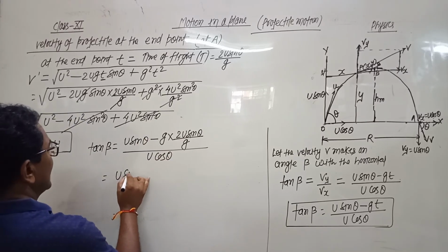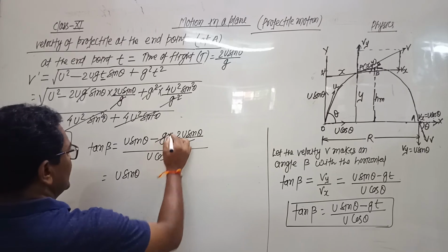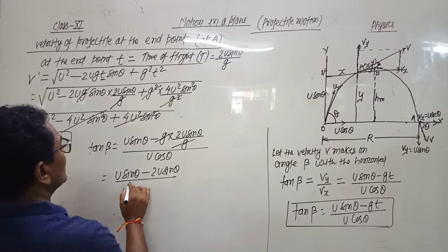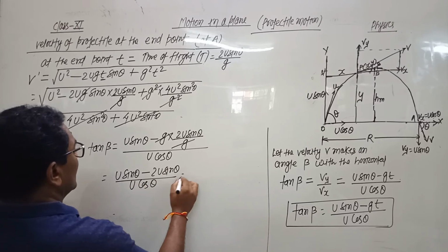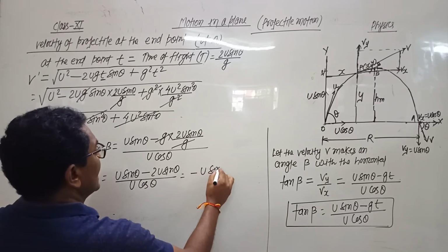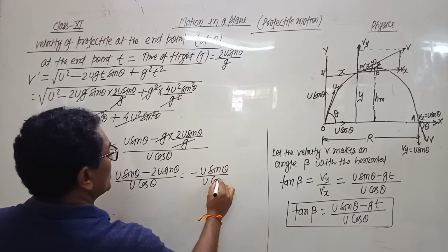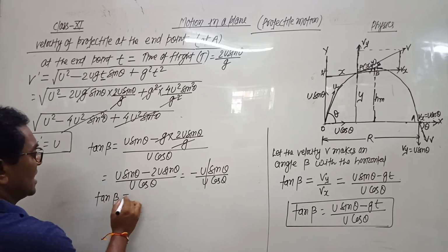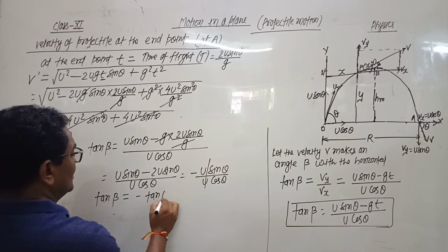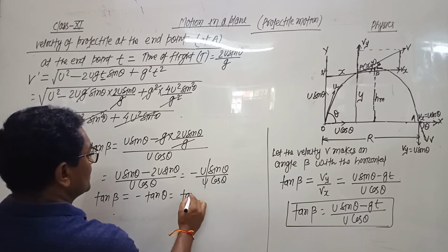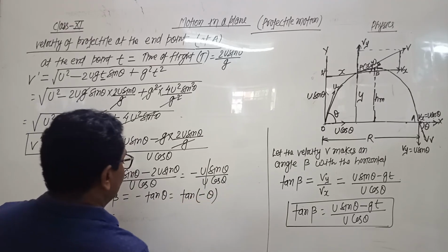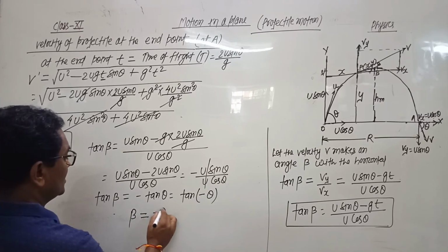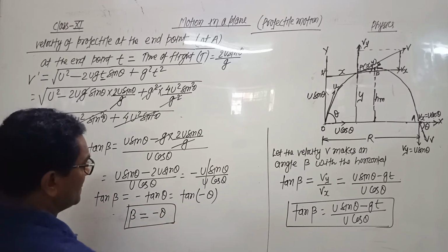So we get u sin theta minus 2u sin theta, g gets cancelled, upon u cos theta, and this comes to be minus u sin theta upon u cos theta. U and u get cancelled, and tan beta equals minus tan theta, which may be written as tan of minus theta. So we conclude that the angle beta is equal to minus theta.